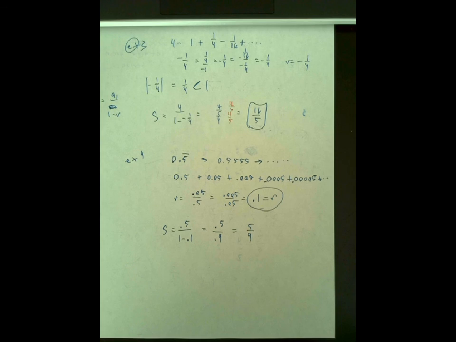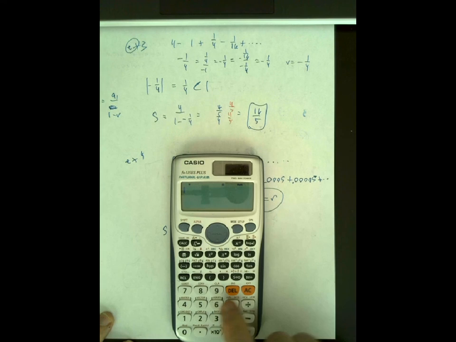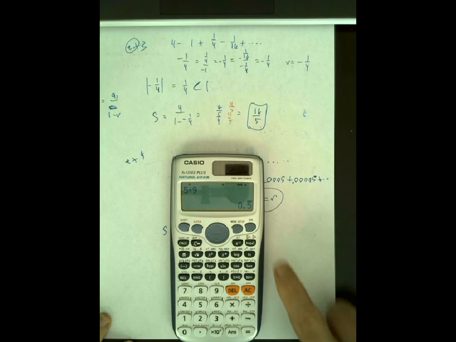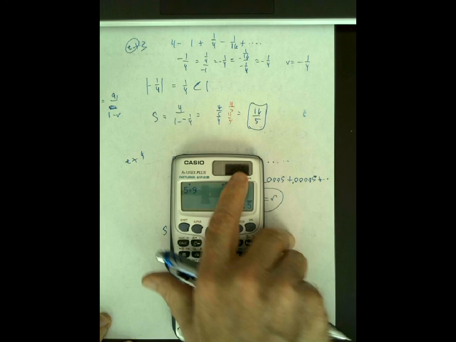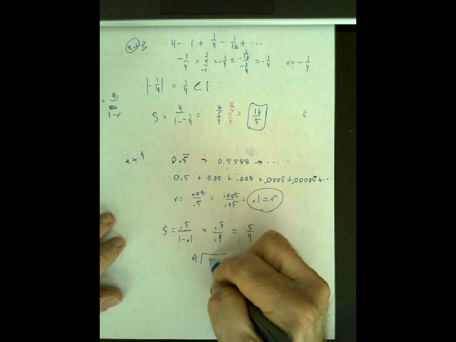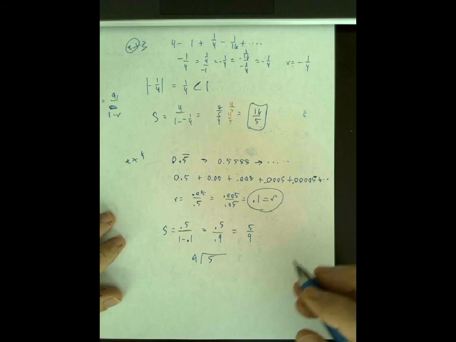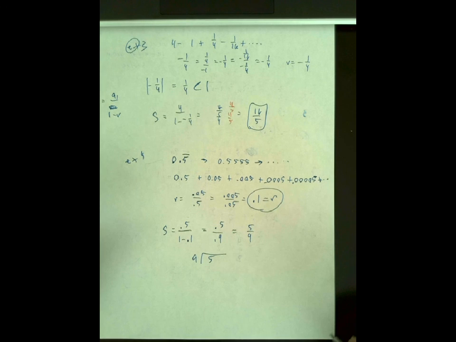Now you're thinking, but what? But you've seen that on your calculator all the time, right? You take 5, divide by 9, and what it tells you is, oh, look, 0.5 repeating bar right there. Or if you divided the bottom number into the top number, it would keep going forever.